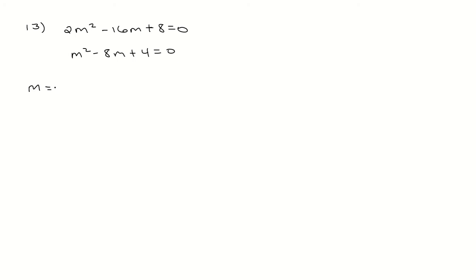So m is going to be equal to, and I'll write it over here. Normally it would be x, but all my variables are m. So m will be equal to negative b plus or minus the square root of b squared minus 4ac all over 2a. All right.